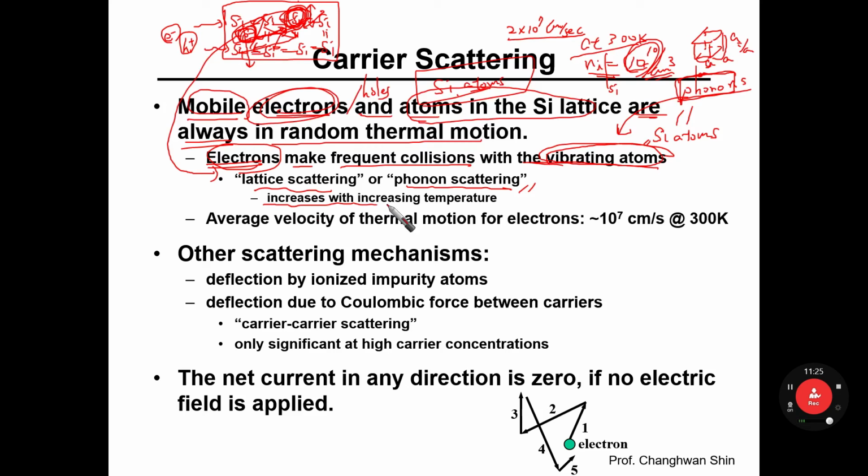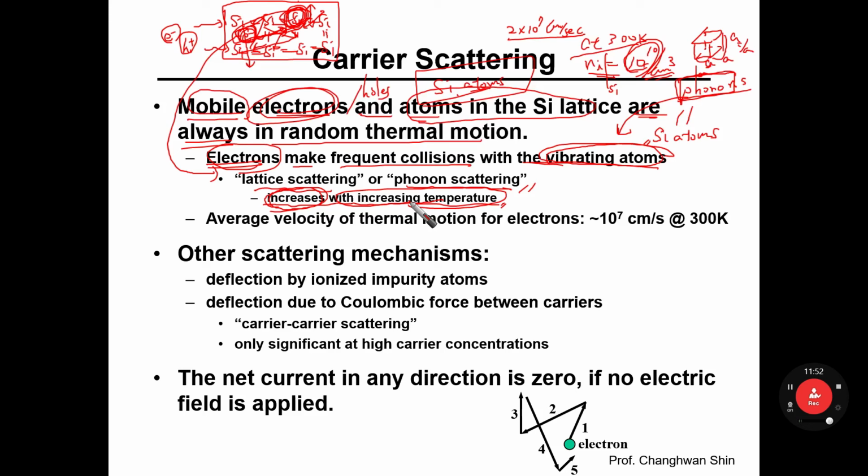Now let's take a look at the next one. More phonon scattering happens when the temperature is increased. At a higher temperature, phonon scattering happens more. At a lower temperature, fewer phonons are present. So phonon scattering is proportional to the temperature.